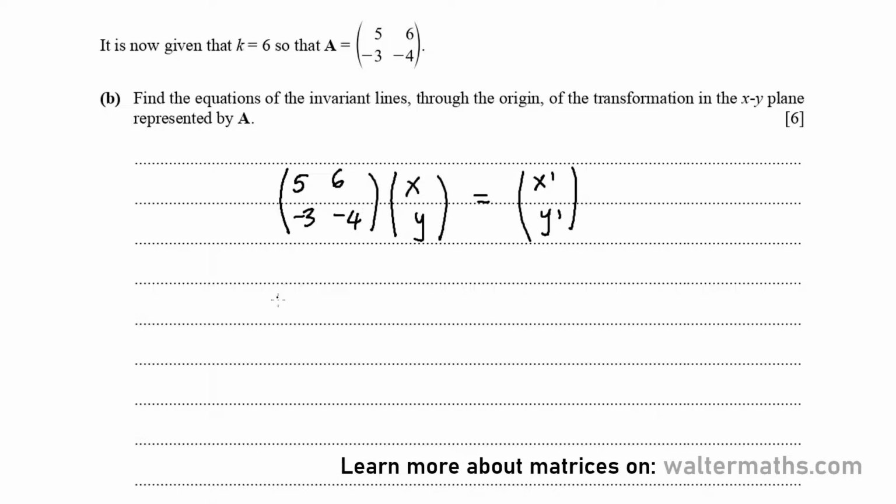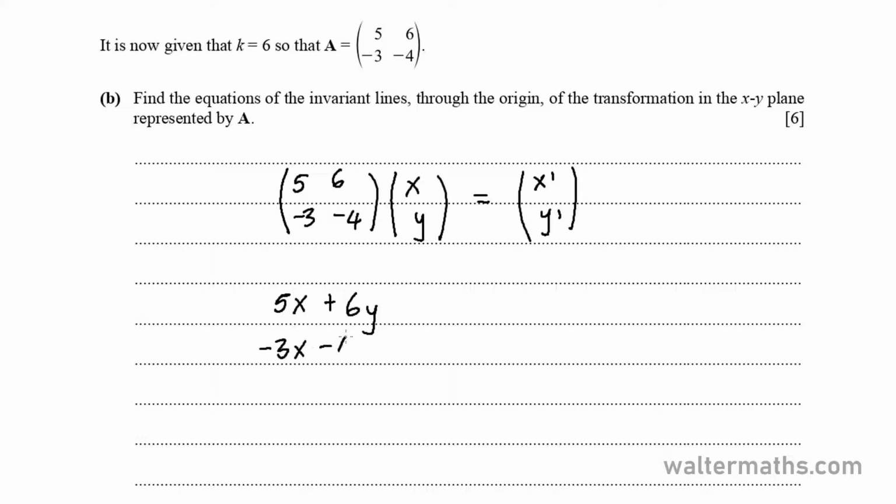So multiplying the left hand side, we'll be having 5x + 6y, and lower row will be having -3x - 4y. So this is equal to (x', y').